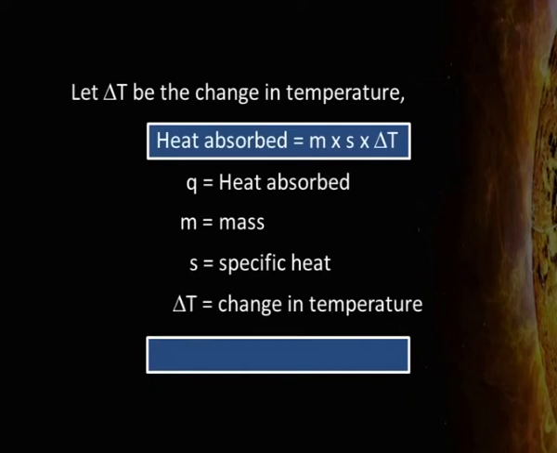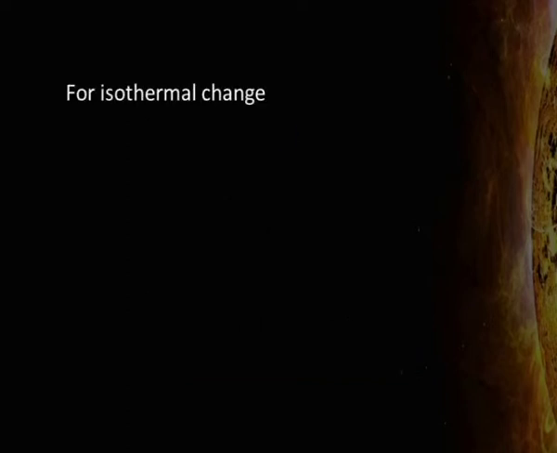Therefore, Q, that is heat absorbed, will be equal to 10 multiplied by 18 multiplied by 4.184 multiplied by delta T. As 10 is the number of moles of water, hence weight of water will be equal to 10 into 18.